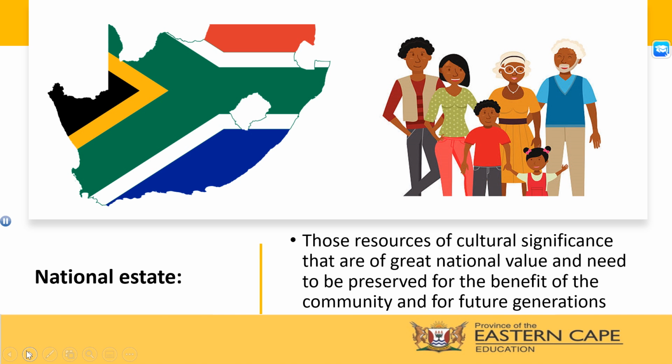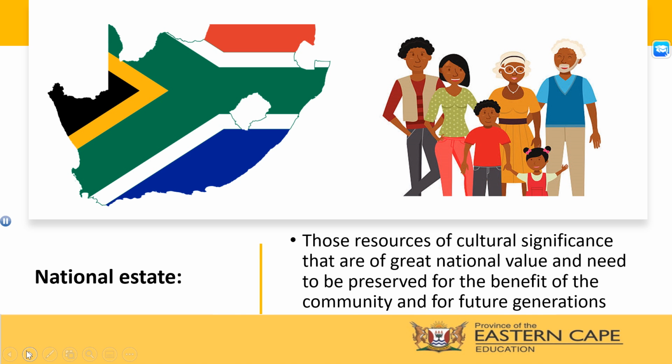So items that are part of the national estate are resources of cultural significance. They are also of great value to the entire nation. They must be preserved, in other words, they must be looked after. Why must they be looked after? For the benefit of the community and for future generations.